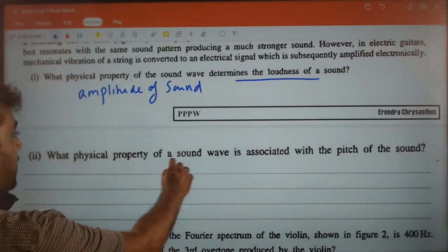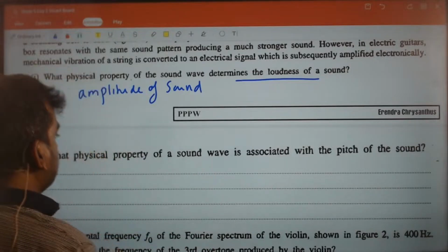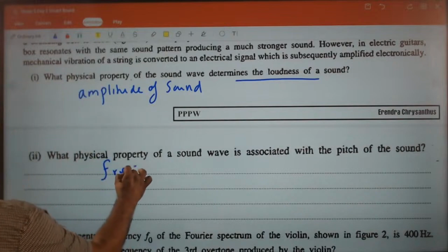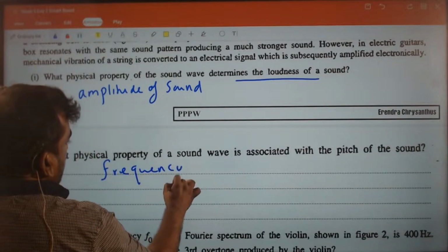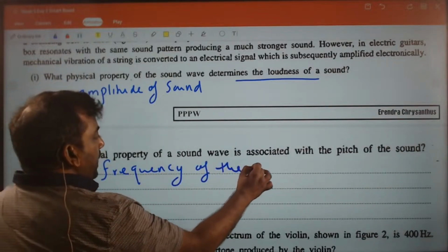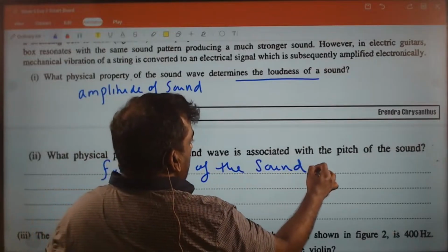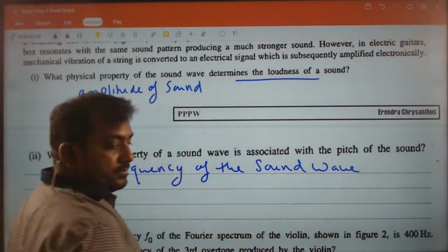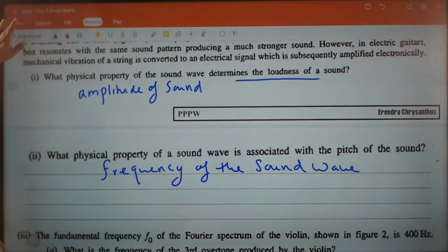What is the physical property of a sound wave associated with pitch? Frequency of the sound wave. There you go. Frequency of the sound wave. Right.